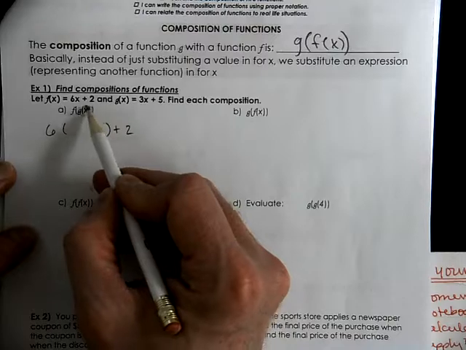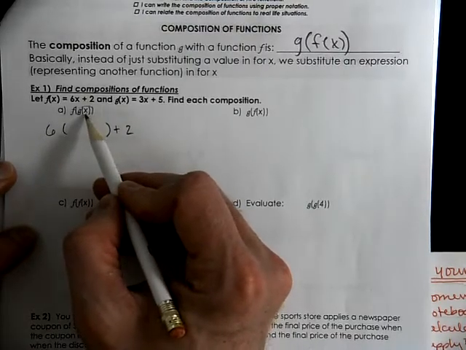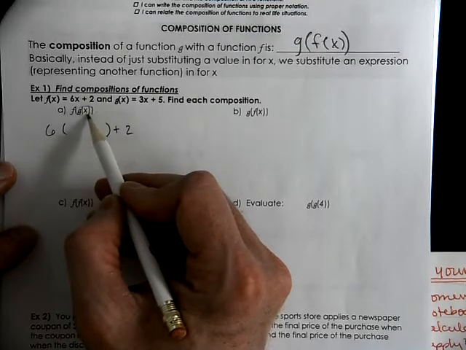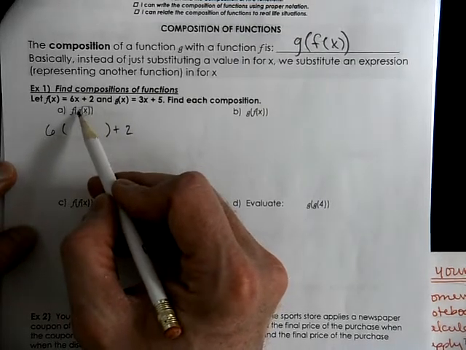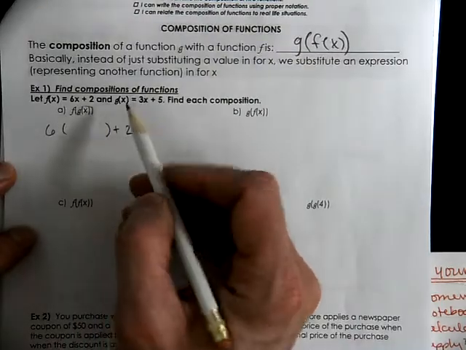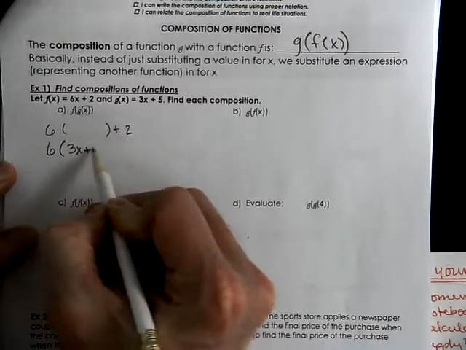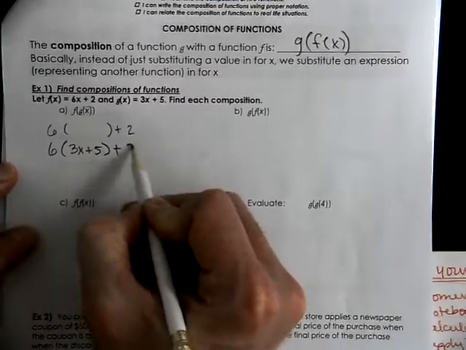Then what's inside your f function is supposed to be g of x, not just x. So we're going to plug the g of x function into the f function. So we're going to say 6 times 3x plus 5 plus 2.